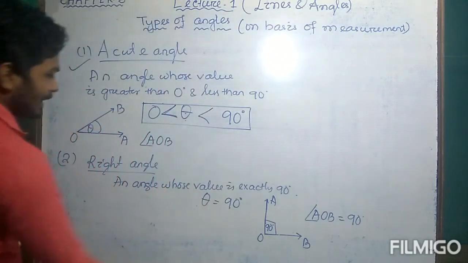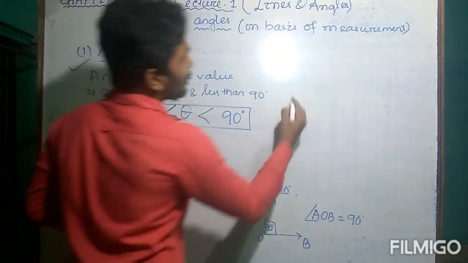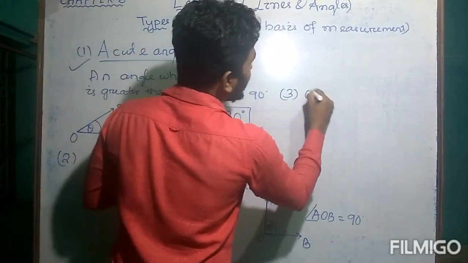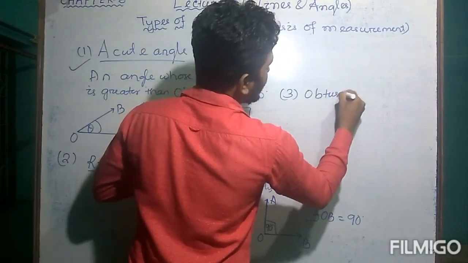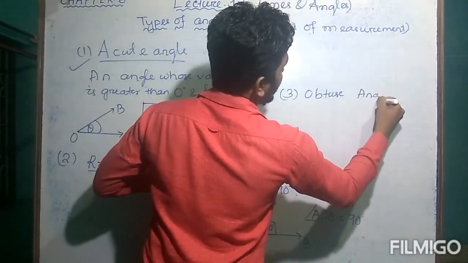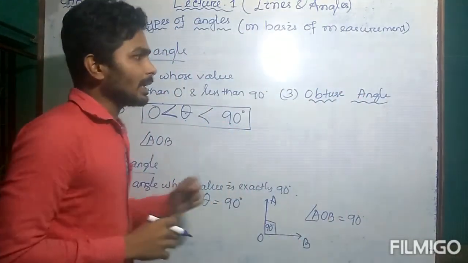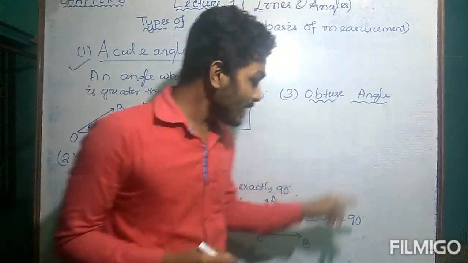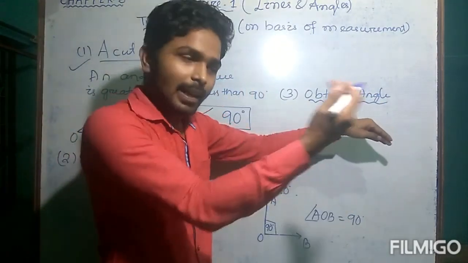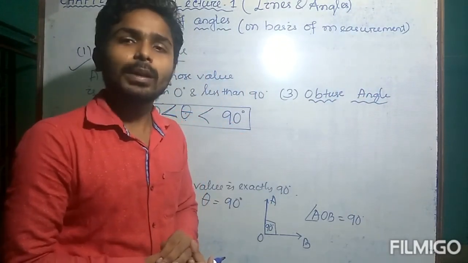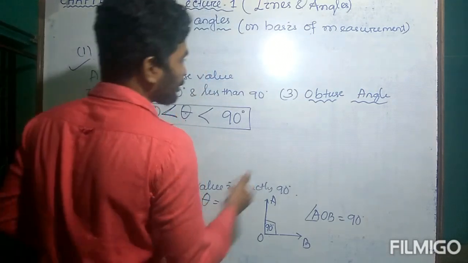Okay. So the next definition is your obtuse angle. What is the obtuse angle? Simply an angle whose value is greater than 90 degree but less than 180 degree is known as obtuse angle. Okay.